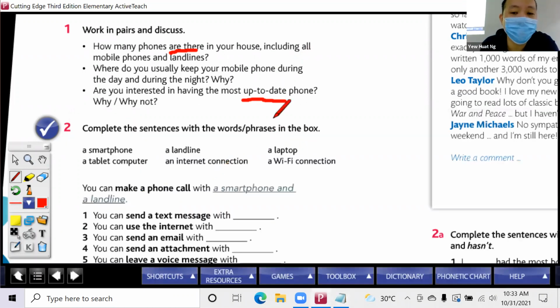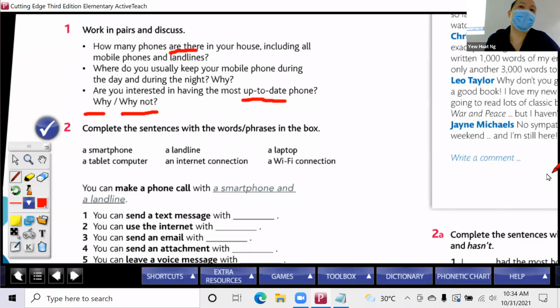So are you interested in having the most up-to-date or the latest phone? Why or why not? Well, because yes, because it is very expensive. So same reason. I'm not interested because it is very, very expensive. Yes.